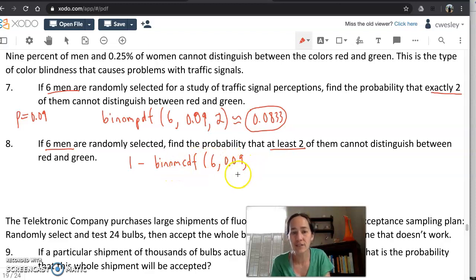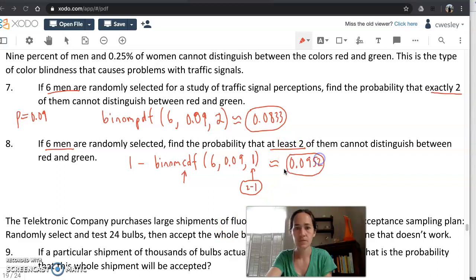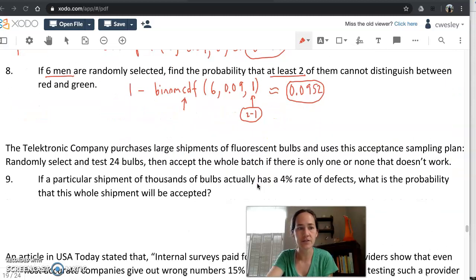We're subtracting off a CDF up till 1 less than 2. 2 minus 1 would be what I plug in for that last slot, so we subtract off the cases of 0 and 1 being colorblind. Try to pause, type this into the calculator, use a CDF this time, and maybe check your answer with mine. I got a 0.09. So a slightly higher answer than you got for number 7 because you're adding a few more cases to that answer.